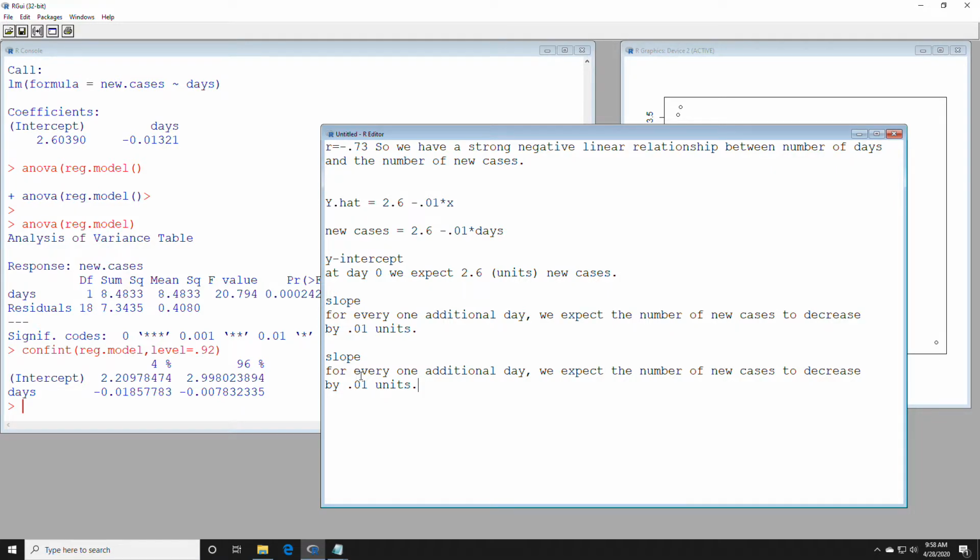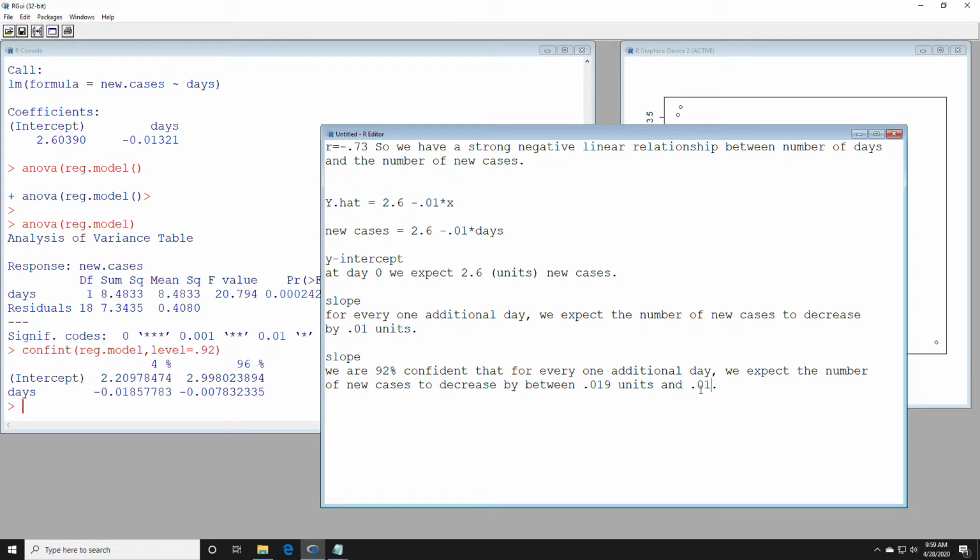So we are 92% confident that for every one additional day, we expect the number of new cases to decrease by between 0.019, I shouldn't round, but I'll round it like that, and 0.01.